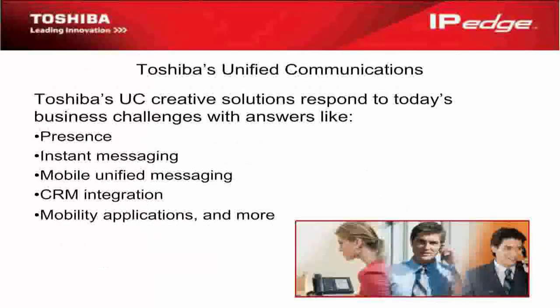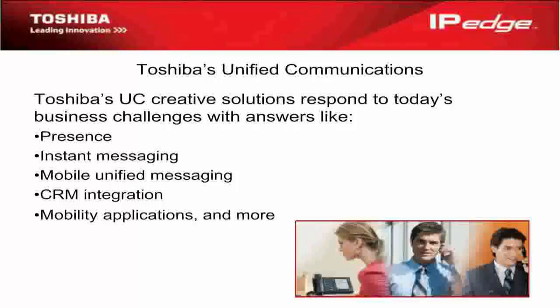IPedge UC creative solutions respond to today's business challenges with answers like presence. Users actually see the telephone busy or idle status of coworkers as well as their calendar status from Outlook integration and can simply click to call them. Instant messaging: if users are on a call, they can click on a name to send an instant message or a chat.